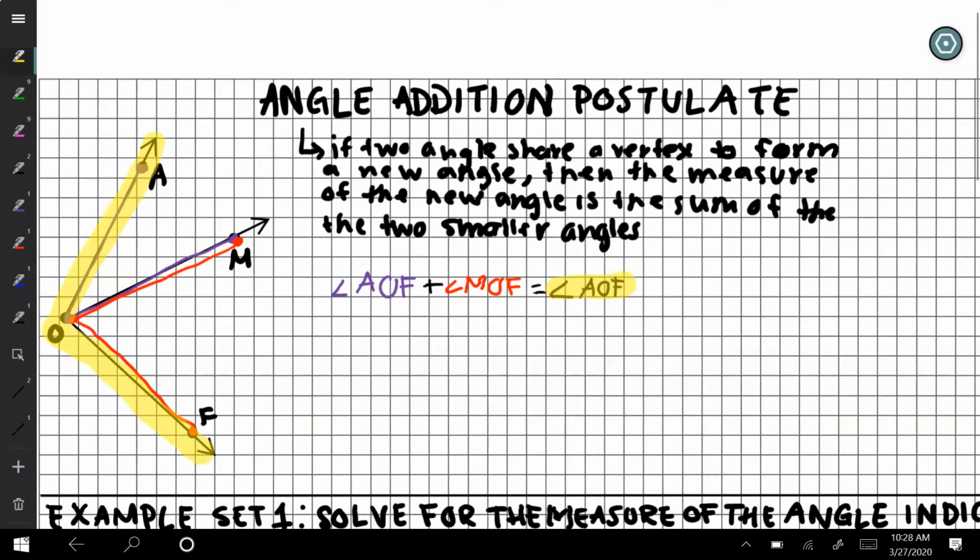Alright, so we can use this principle to solve different types of problems. We are going to go through three different sets of examples.